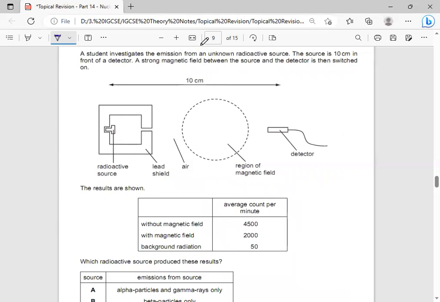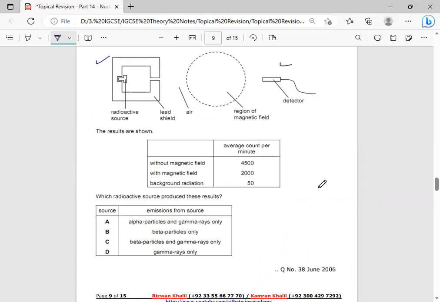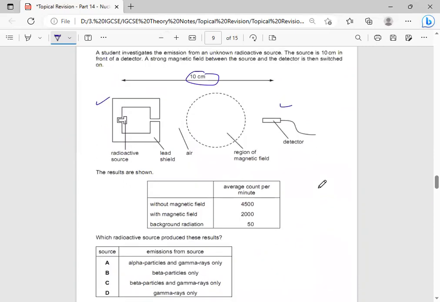In this question, the important thing is that there is a distance between the detector and the radioactive source, and this distance is equal to 10 centimeter. So when the distance is 10 centimeter, it means alpha particles cannot be detected, because the approximate range of alpha particles in air is approximately 7 to 8 centimeter.